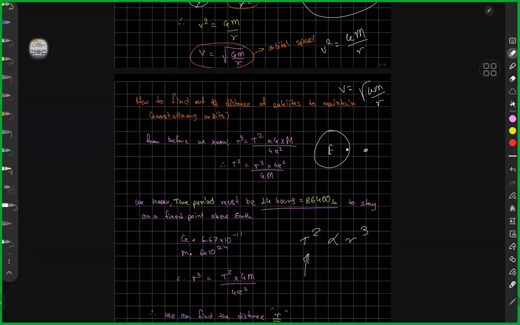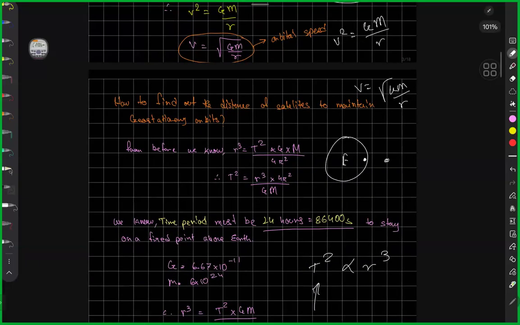Now, we know that this is the formula of the relation of separation and time period, or Kepler's third law, whatever you want to call it. If I make time period the subject, T squared, what do we get? This. Hopefully, we all agree on this.